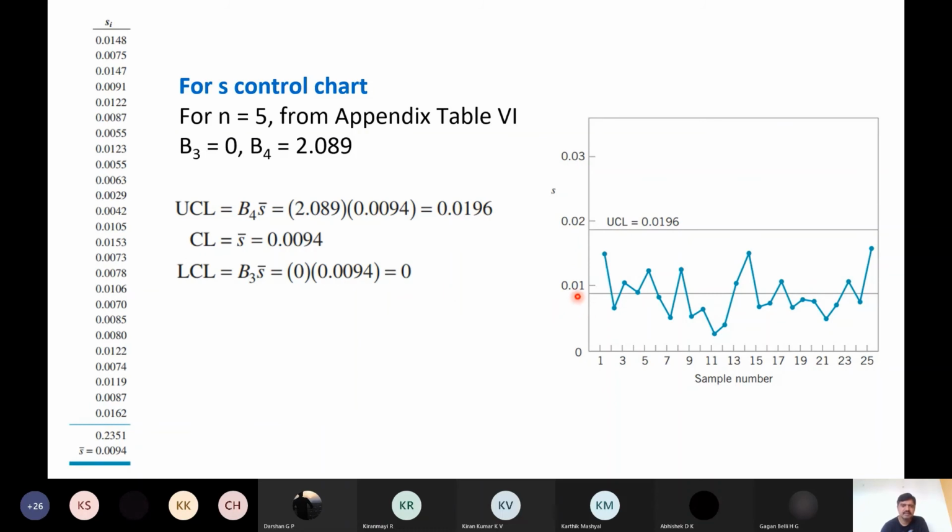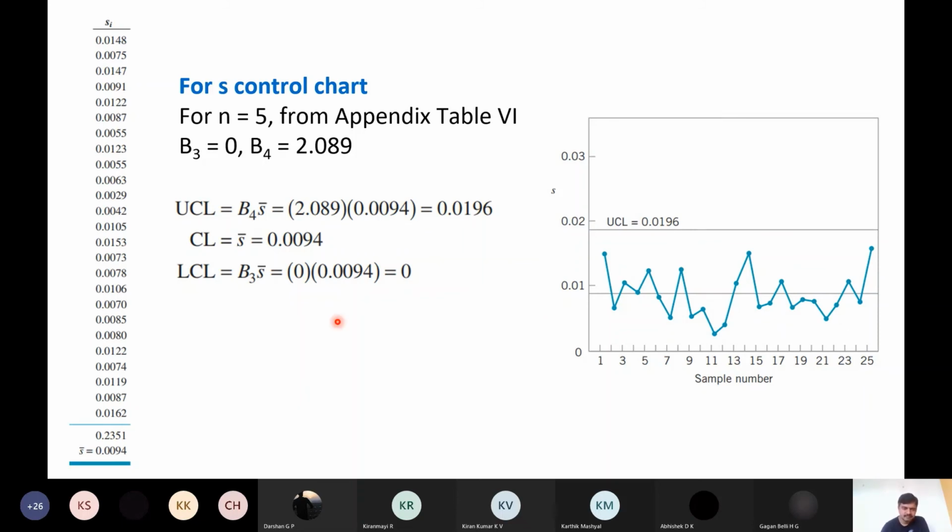You can take 1 unit as 0.05, 0.01, so here you can consider 0.15, 0.02, 0.25, then 0.03. You can consider any convenient units for plotting the graph. It is not an issue; the pattern of the control chart will remain the same.